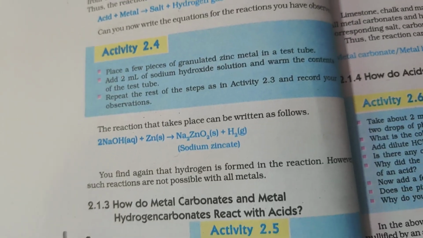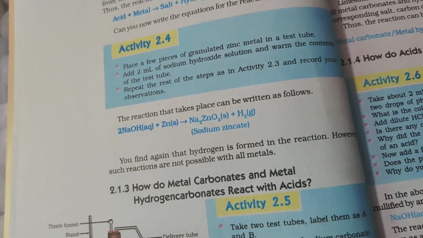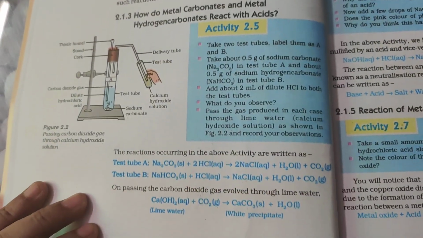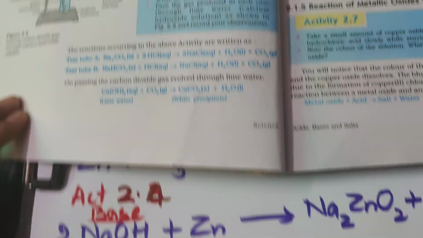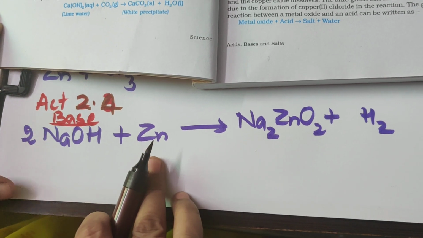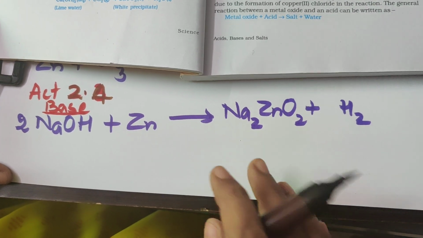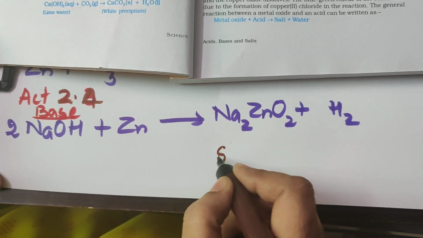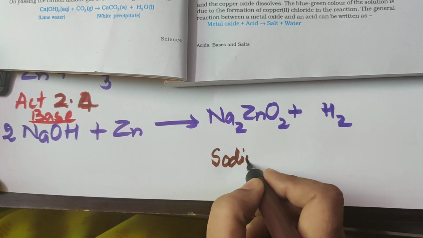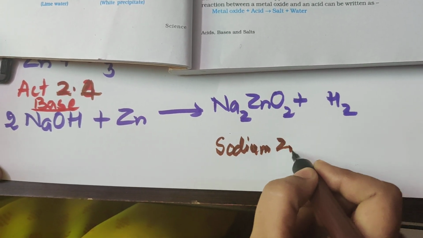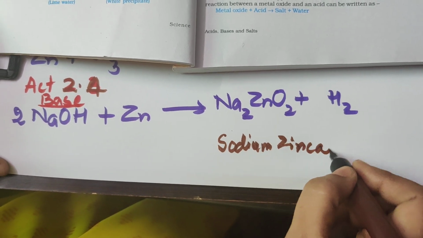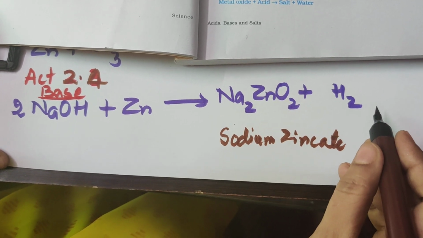So the reaction: NaOH reacts with zinc, giving Na2ZnO2. The name of the substance is sodium zincate, and hydrogen gas is liberated.